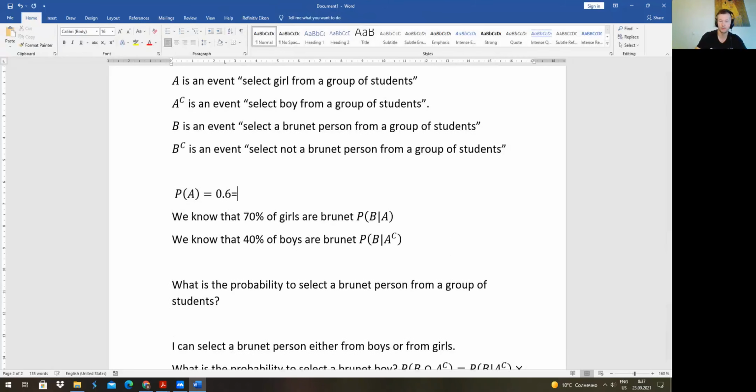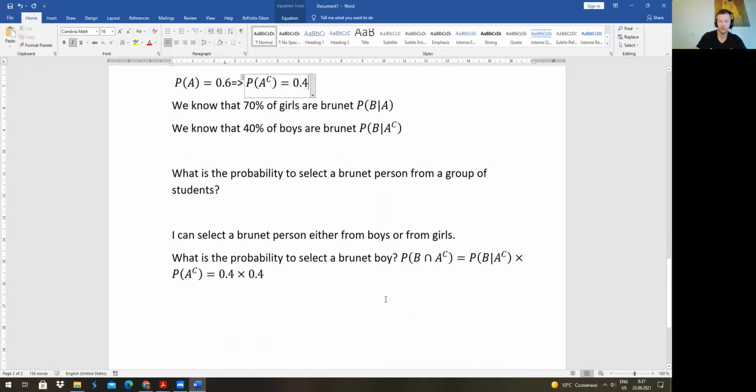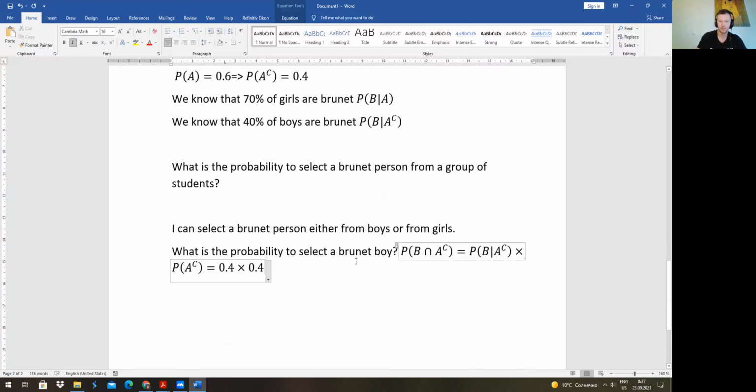So this is 0.16. This is one way I can draw a brunette person: 16% that the brunette person is going to be a boy.